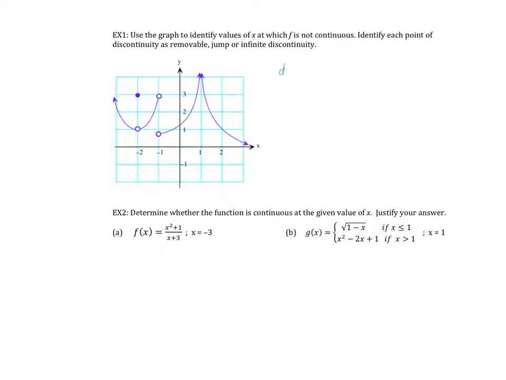So this is going to be discontinuous at x is equal to -2. And that would be a removable. So I'm looking at this right here. That would be removable.